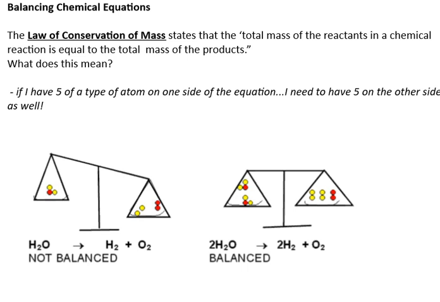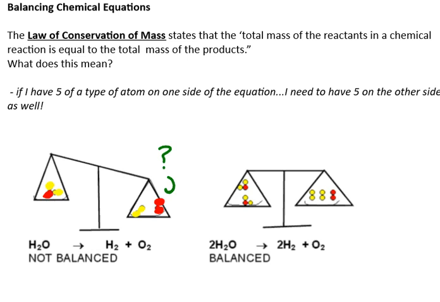When we take a look at the before side, I see 1 oxygen and I see 2 hydrogens. In the after side, I have 2 hydrogens, so that's the same, but it looks like I have 2 oxygens. At this point, it looks like an oxygen just magically appeared.